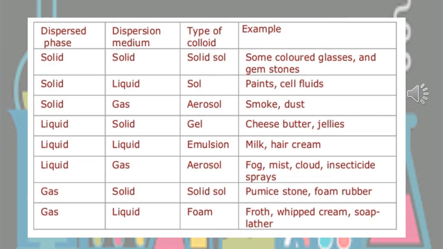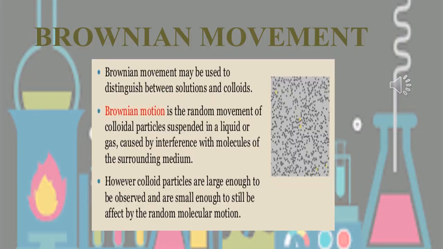For example, soap, leather, aerated water, etc. These were a few classifications of colloids based on the physical state of the dispersed phase and dispersion medium. The dispersed phase means the solute, and the dispersion medium is the solvent in a colloidal solution.